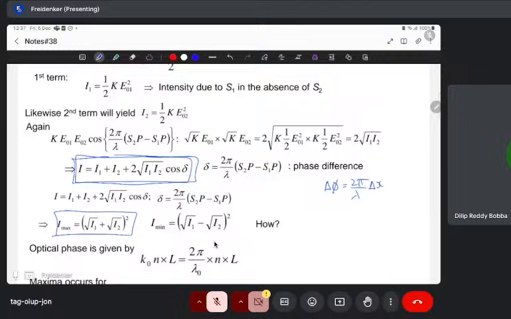For destructive interference, we know phase difference is an odd multiple of pi, and at odd multiples of pi, cos of that will be how much? Minus 1. Cos pi is minus 1. Cos 3 pi is minus 1. So this is your intensity at minima. This is your main intensity formula.